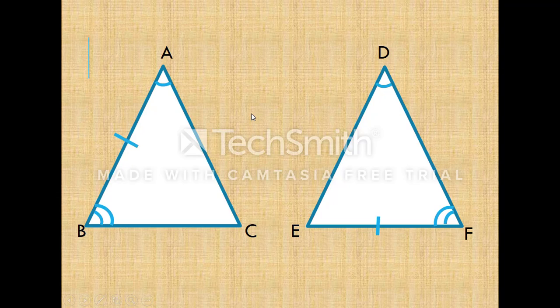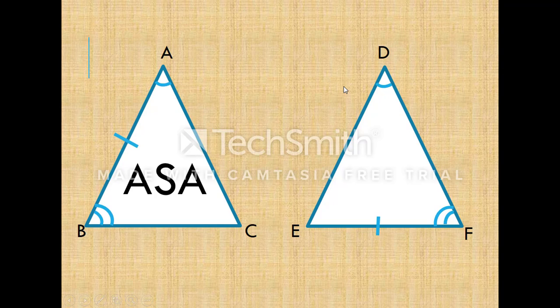Go ahead and take 10 seconds to determine this triangle congruency theorem. So what you should have gotten for the first triangle is that the pattern is ASA, angle, side, angle.